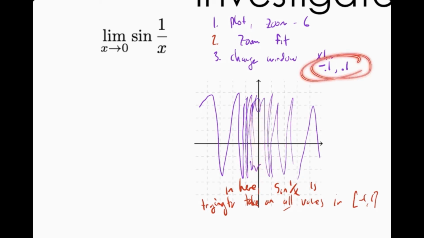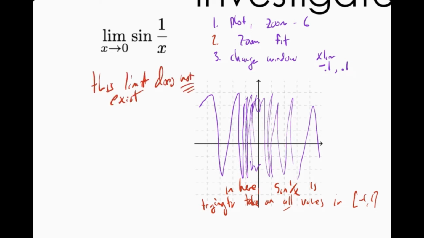I would encourage you to change these and make them even smaller, like 0.001, and you'll see that it's never going to clear up. You can zoom in and zoom in and zoom in, and it doesn't clear up. That's a dead giveaway that this limit does not exist, because the function is trying to take on all values. And the limit is a unique value.